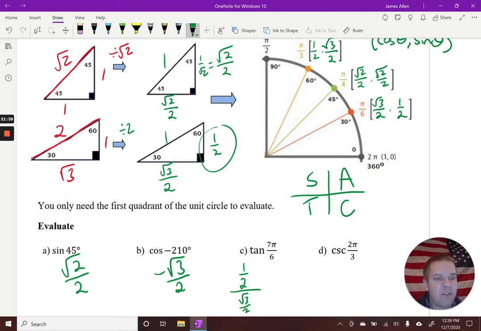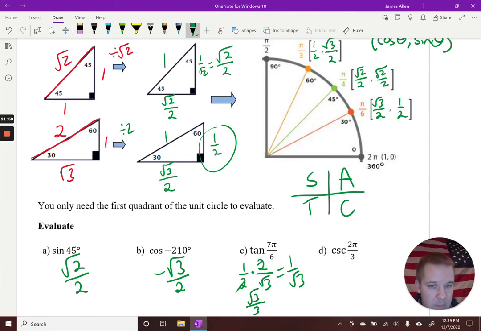Instead, if we're dividing by a fraction, we can multiply by its reciprocal. So let's just do that right off the bat. My reciprocal of root 3 over 2 is going to be 2 divided by root 3. So these 2's would cancel, and I'd be left with 1 over root 3, and that would rationalize to root 3 divided by 3.